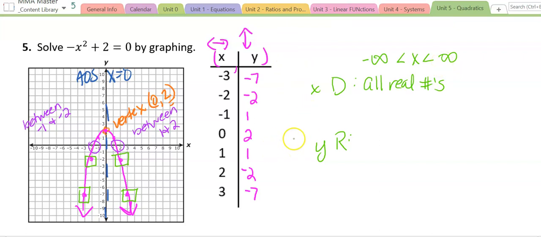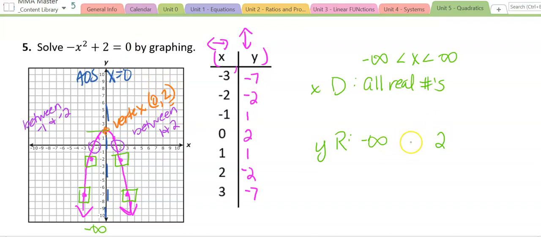Now the range value is on my y values, and I always start at the lowest value. Well, the lowest value is this arrow that goes on forever, and negative forever is negative infinity. And it goes all the way up to your highest point, and your highest point is right here, which just happens to be 2, always reflected in our vertex, okay?